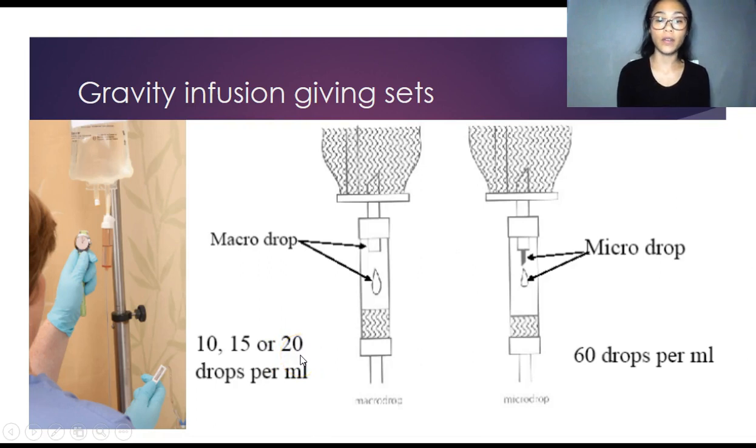And I'll show you where to find this on the packet before you open the giving set. Now a micro giving set delivers 60 drops per 1 mil. And so always remember that the drop factor for a micro set is 60 drops per mil, and unless otherwise indicated or stipulated, the drop factor for a macro set is 20 drops per 1 mil.